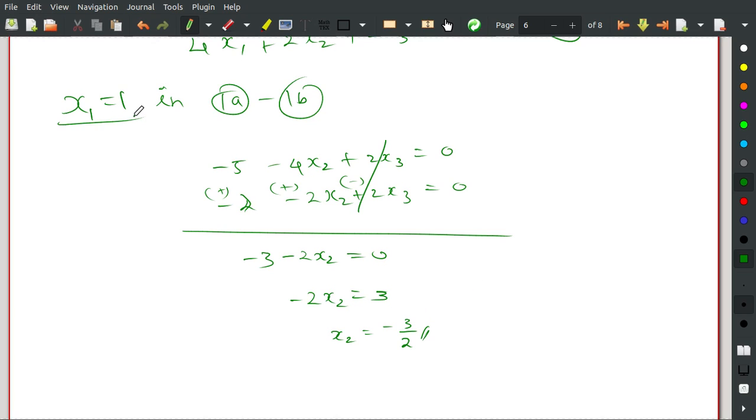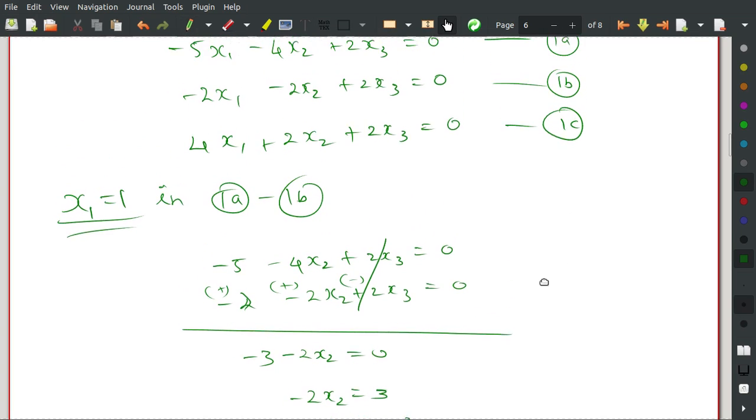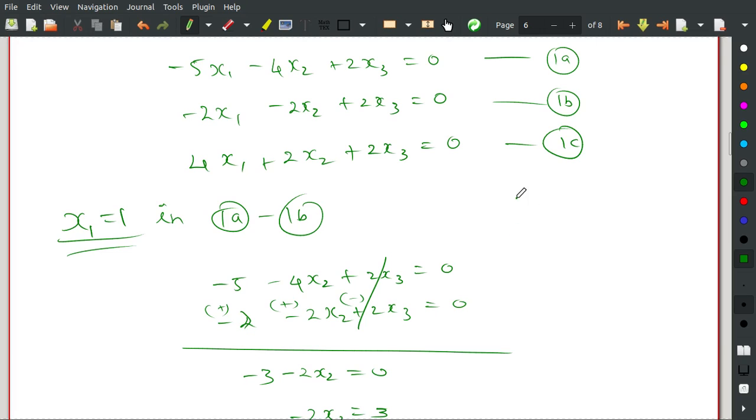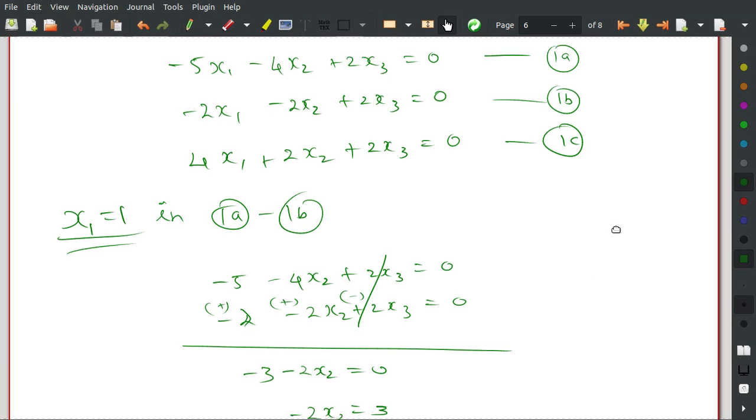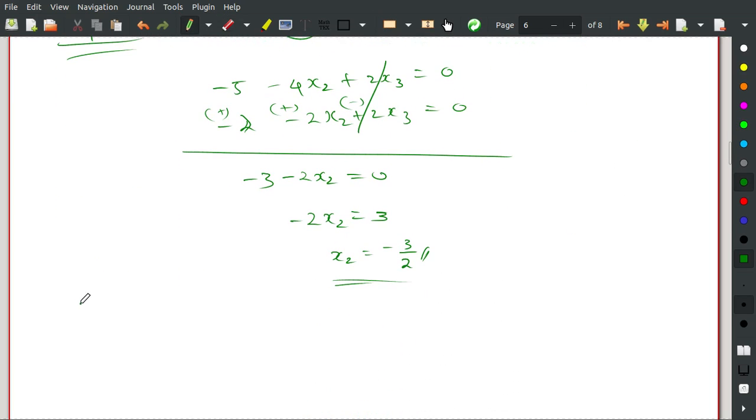So we have x1 and x2. We can substitute x1 and x2 in any of the above equations and solve for x3. Let me put these values of x1 and x2 in equation 1c.